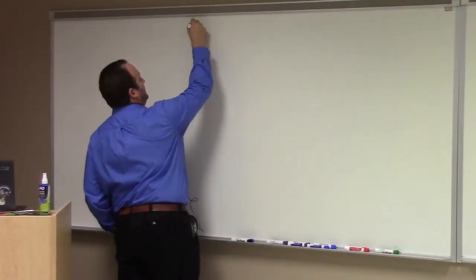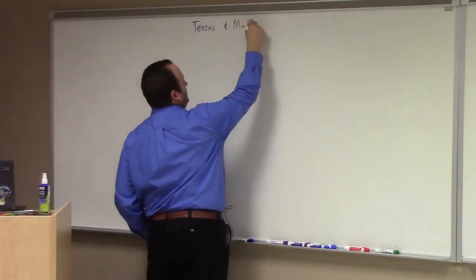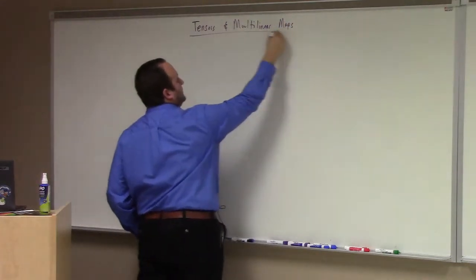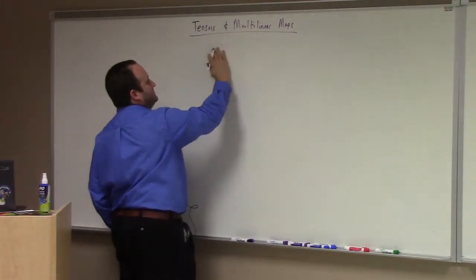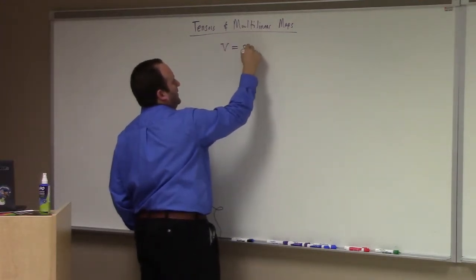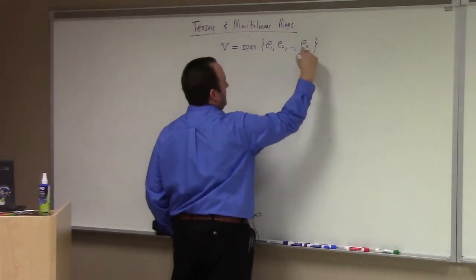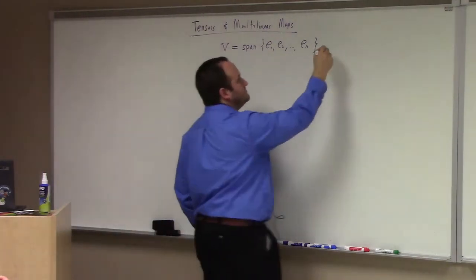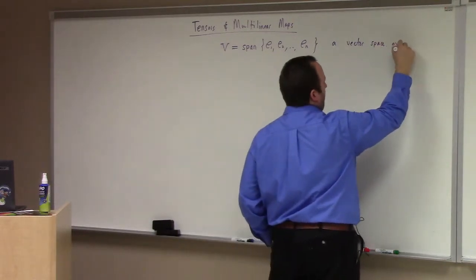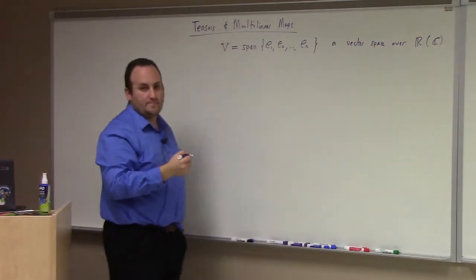So let's talk about tensors and multilinear maps, and so those will be the same. So we'll start with V, a vector space. I'm going to think of it as the span of e1, e2, ..., en. So this is a vector space over either R or C, right?